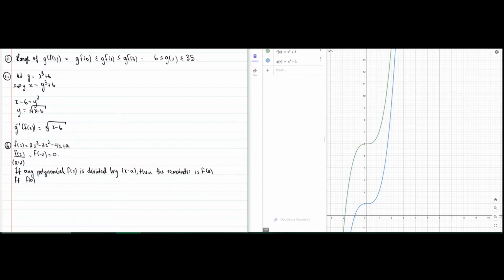If f of a is equal to 0, then x minus a is a factor of f of x.